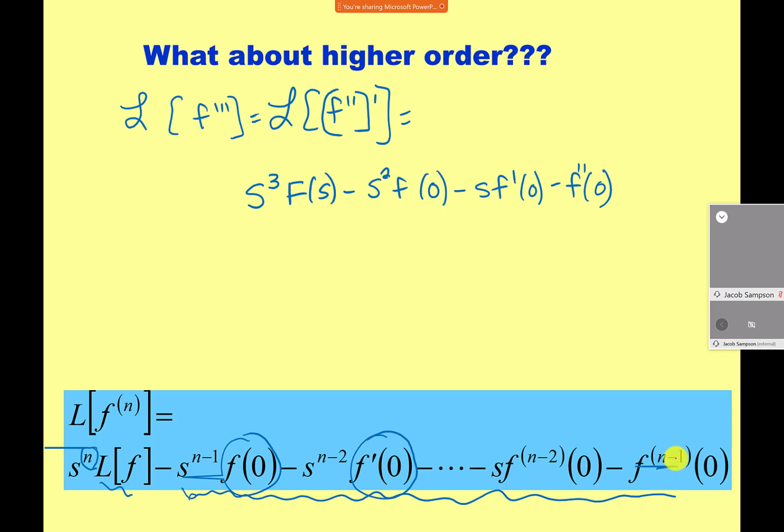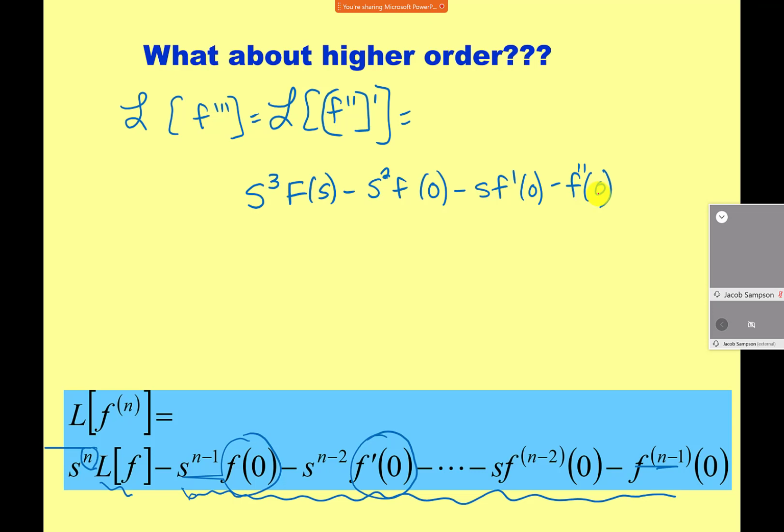That's why it's the n minus 1 derivative, because if you have a third order, you need 3 initial values, f of 0, f prime of 0, f double prime of 0. And if you had an nth order, you need n initial values, f of 0, f prime of 0, double prime, and up to 1 less than whatever the n was. So it will generalize, so we're going to be able to apply it to any type.